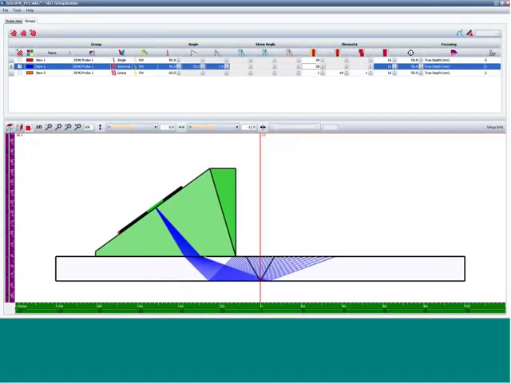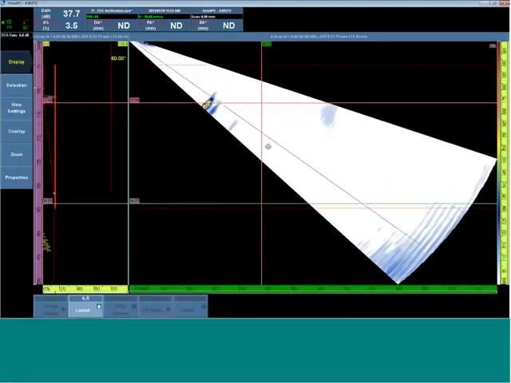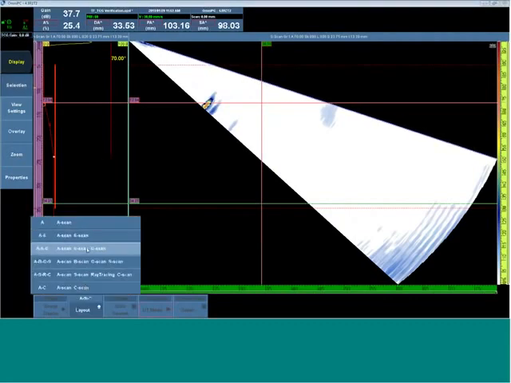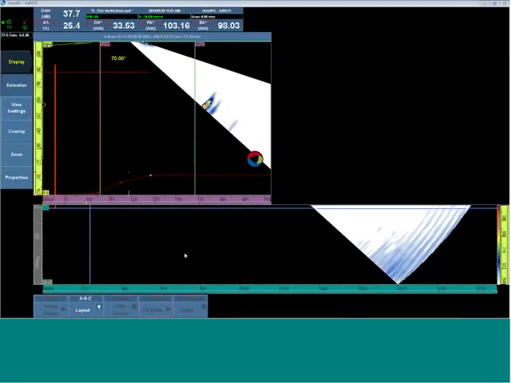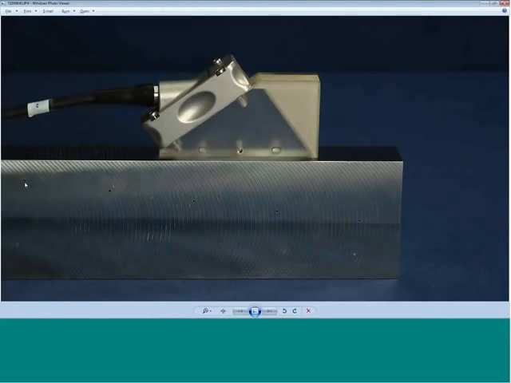Okay, the sector scan that you see here is the exact sector scan you see here, from 45 to 70 degree, and this is a calibrated inspection of this calibration block. 1.5 millimeter side drilled holes in a typical nav ship or similar type configuration.